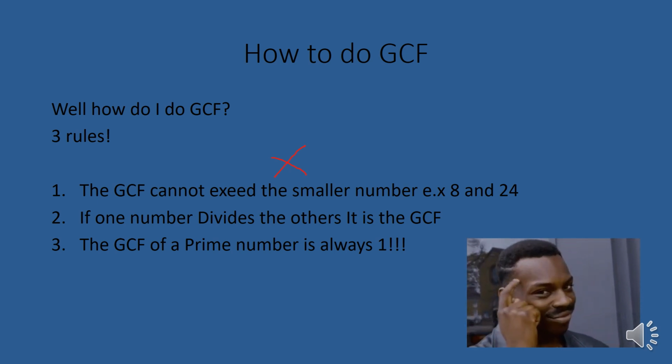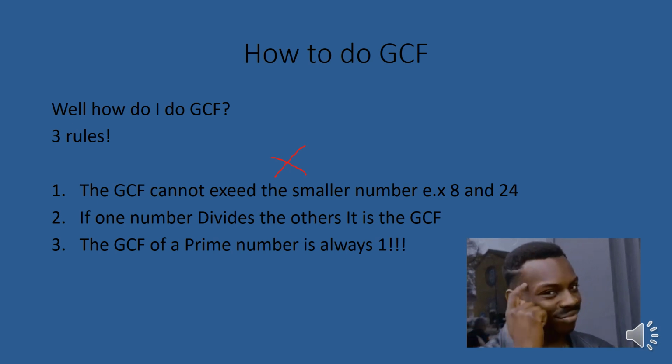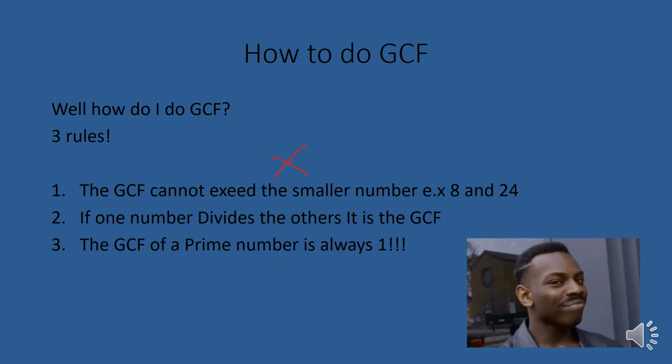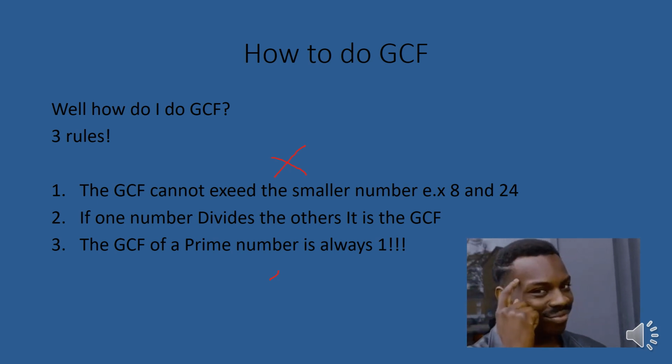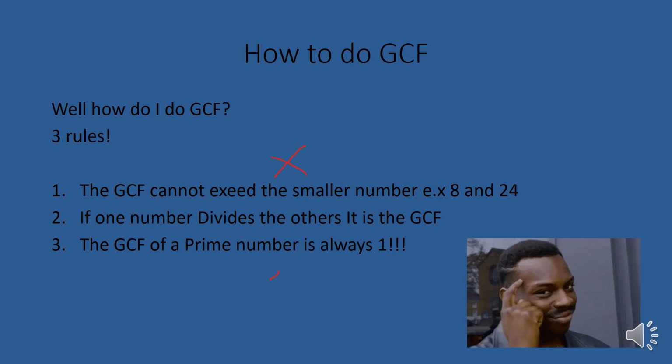And if one number divides the other, that number is the GCF. This basically means if a number divides both numbers and is also the biggest such number, it's always going to be the GCF no matter what. And the greatest common factor of a prime number, no matter what, is always 1.